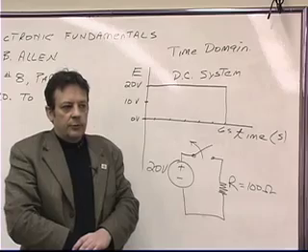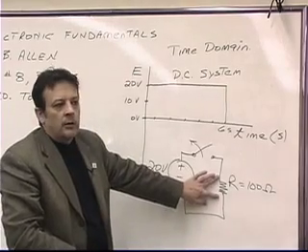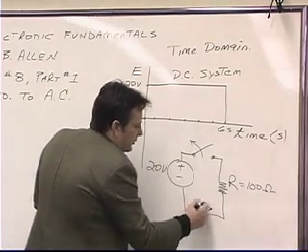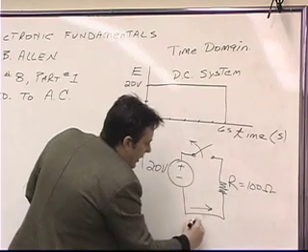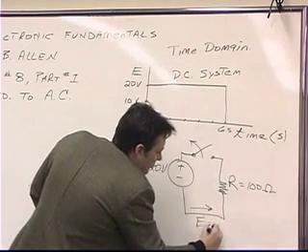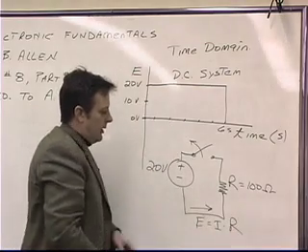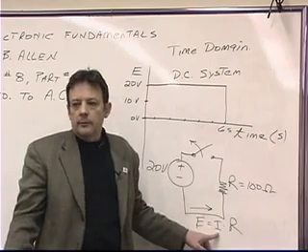Because if we're measuring the voltage across the resistor right here, obviously there can be no current flowing through the resistor if there's an open here, can there? And we know that voltage is equal to current multiplied by resistance. And if the current is 0, 0 times anything is what? 0.